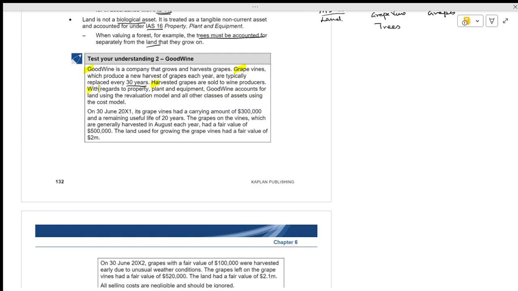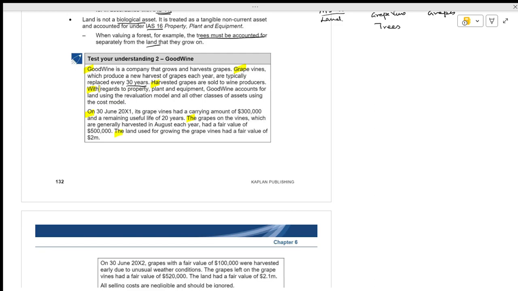With regard to property, plant and equipment, the company accounts for land using the revaluation model for all classes of assets. On 30th June, the grapevines have a carrying amount of how much? 300. Remaining life is 24 years. The grapes on the vines, which are generally harvested in August, have a fair value of 500.